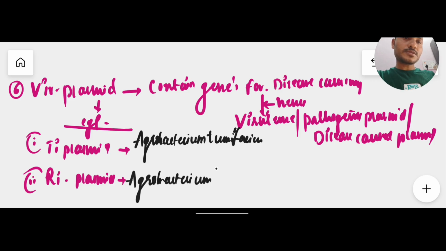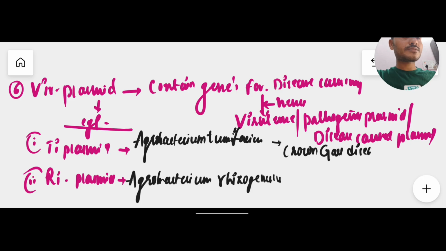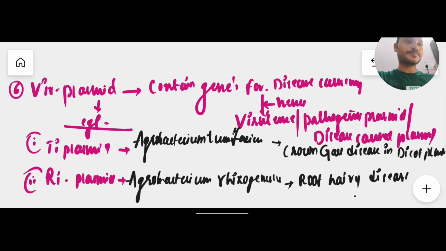Agrobacterium tumefaciens causes crown gall disease in dicot plants, and the Ri plasmid in Agrobacterium rhizogenes causes a disease called hairy root disease.